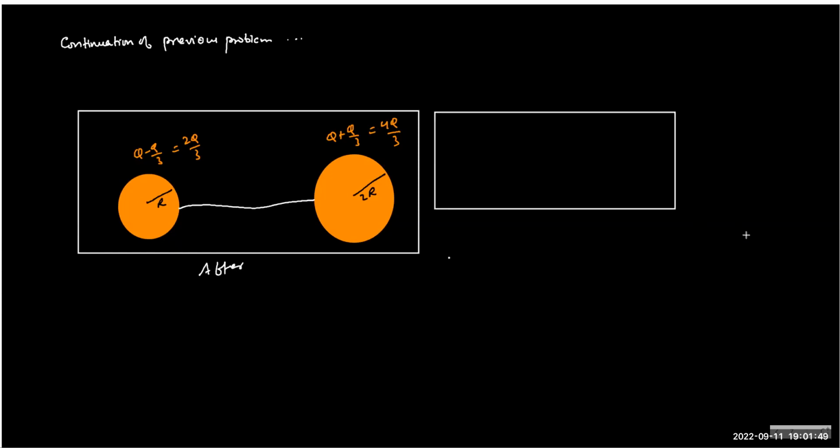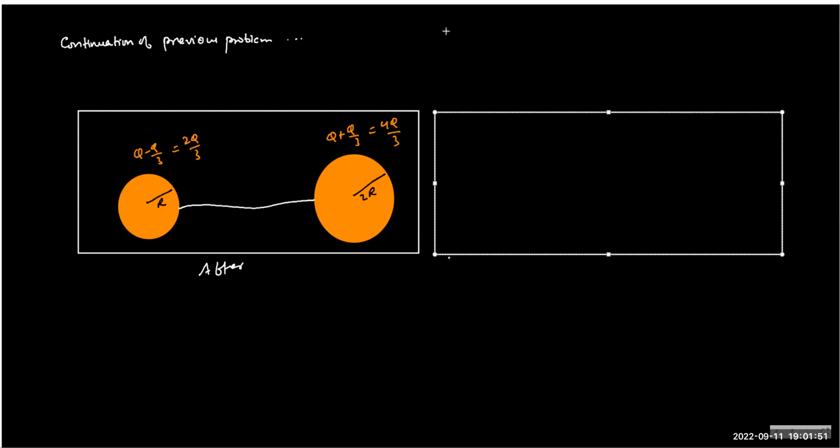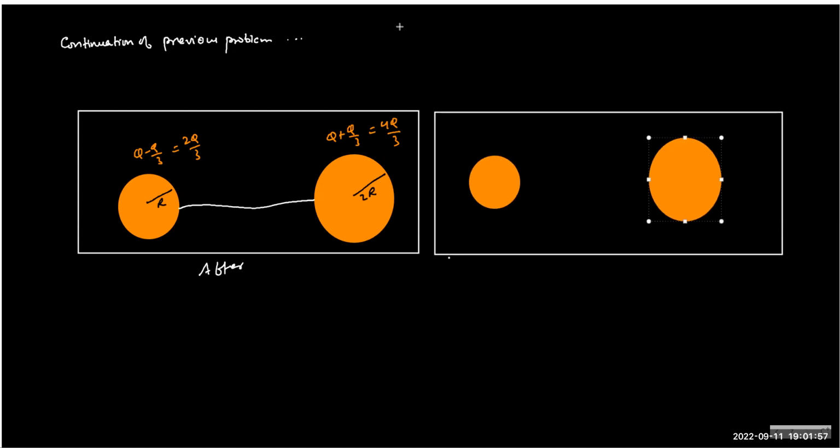For comparison, we can do the other scenario. So before it was how much, when it was open?